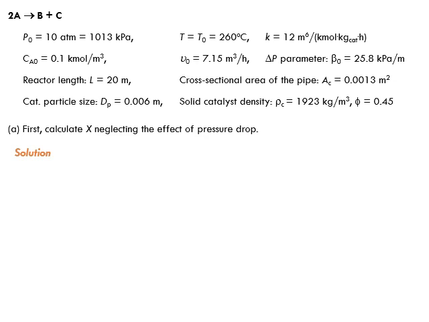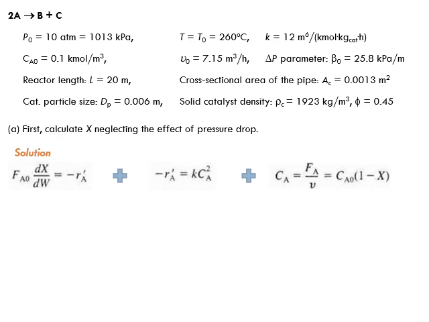Okay, let's start with the first requirement, which is calculating X neglecting the effect of pressure drop. How do we solve this problem? Obviously, you'll need to start with the design equation, and after that you write the rate law, and then you utilize the stoichiometry.